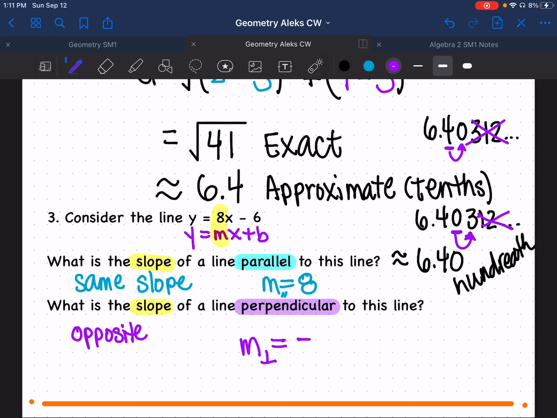So it's going to change to negative, and then it needs to be the reciprocal, which means it's going to flip. The 8's going to go to the bottom, and remember, 8 is a fraction when it's over 1, so the 1's going to come to the top. Opposite reciprocals. Change the sign and flip it.